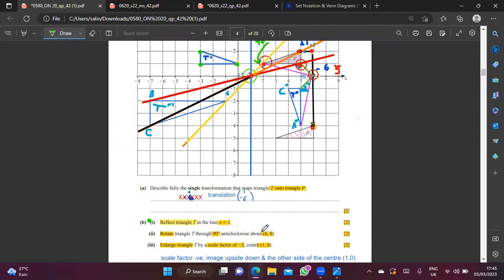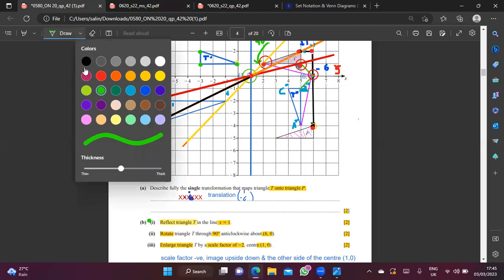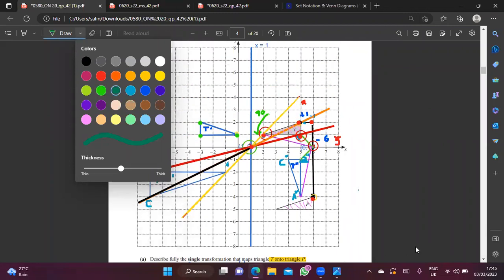So you need to mark (6,0) on the graph itself. Let's try to mark this with a different color now. Purple, maybe this purple or maybe green. Okay, I haven't used this green. All right.